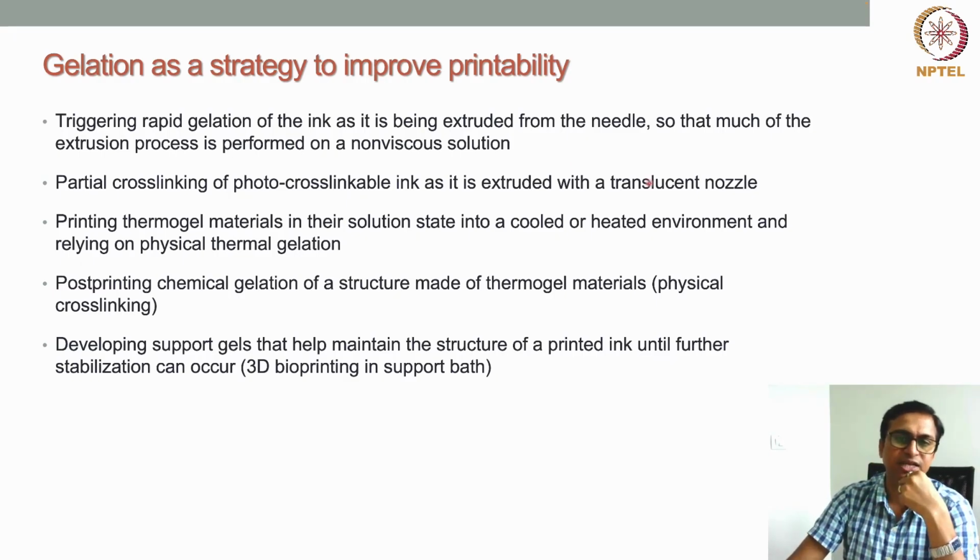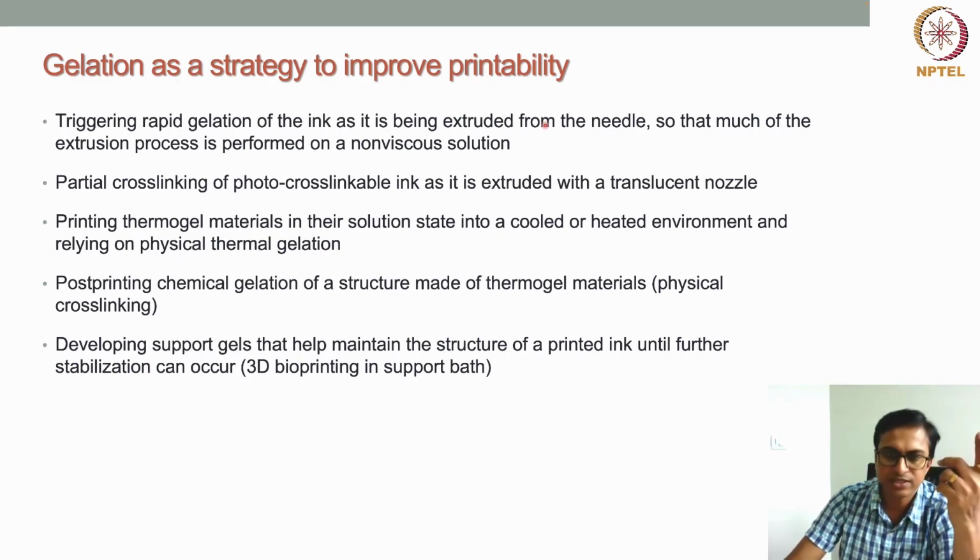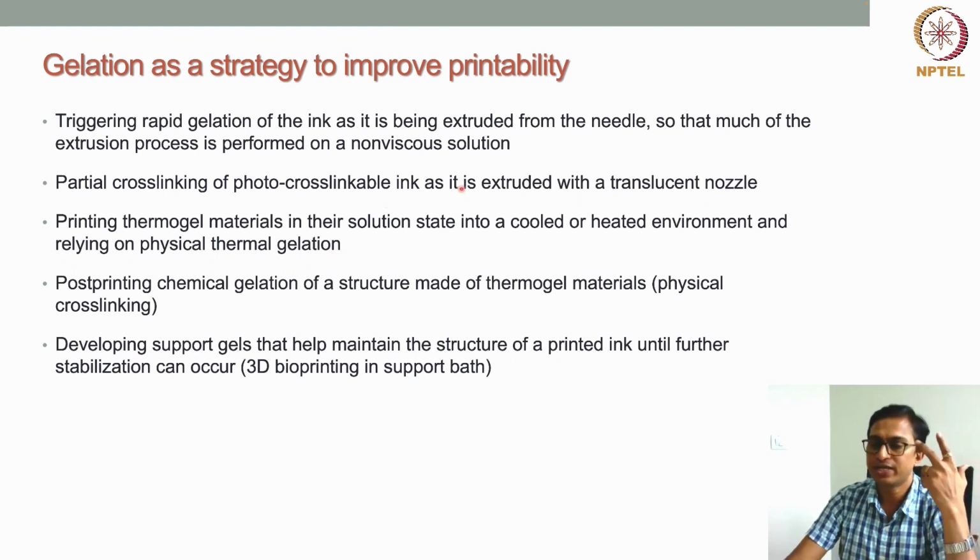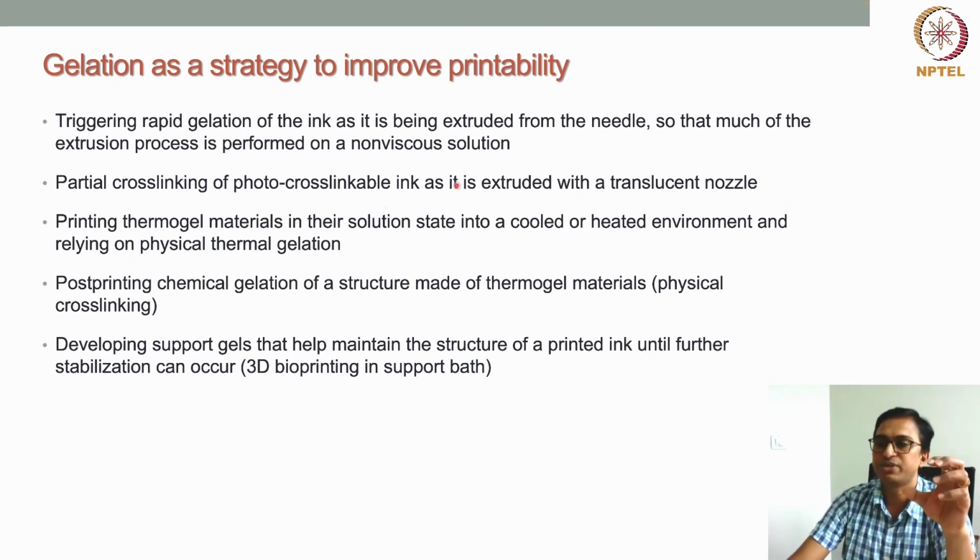Triggering rapid gelation is typically done when we use ionic gelation or photocrosslinking, or other physical gelation, such as temperature-induced gelation. All these can be very well used. Photocrosslinking is another way to solidify the material, as we have discussed in the earlier lectures.